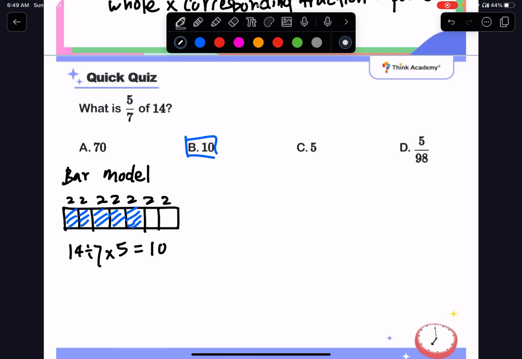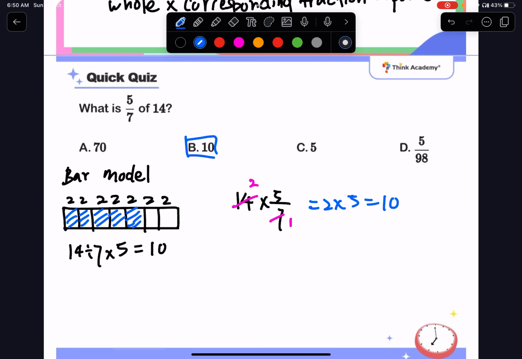Or you can just multiply with fraction. So the whole is 14, right? And the corresponding fraction is 5 out of 7. So after you do the simplification, you will also get 2 times 5 equals 10. So they are actually the same thing. Get it? So that's how you find out a part from a whole.